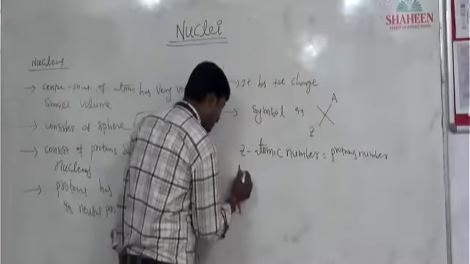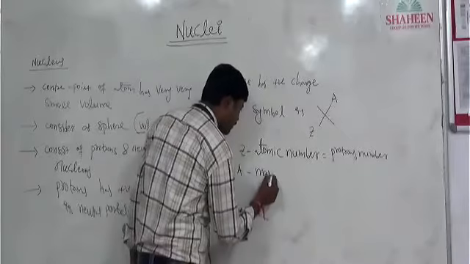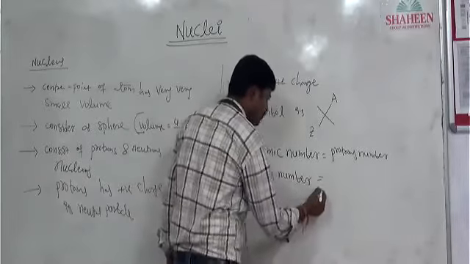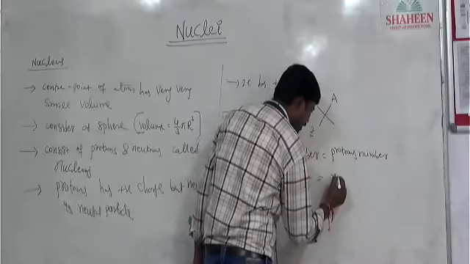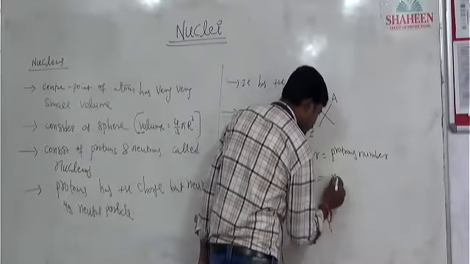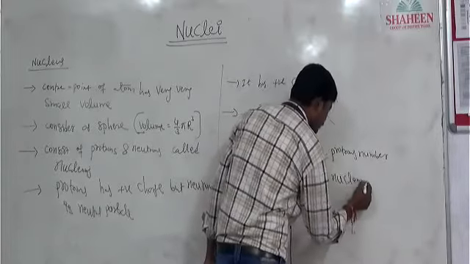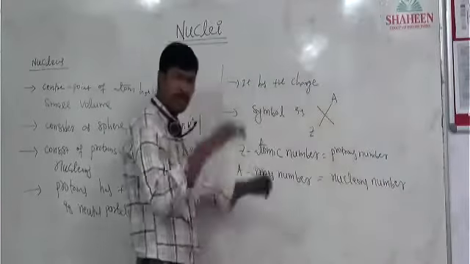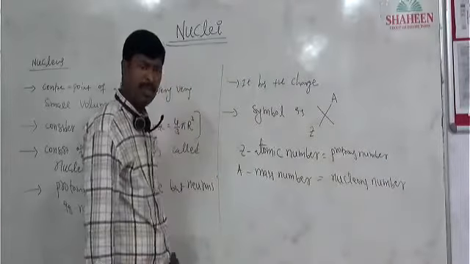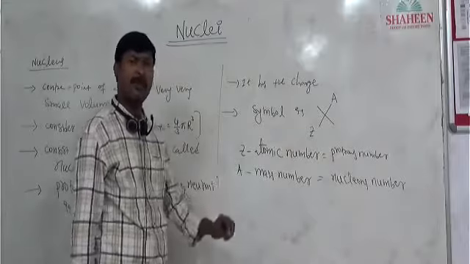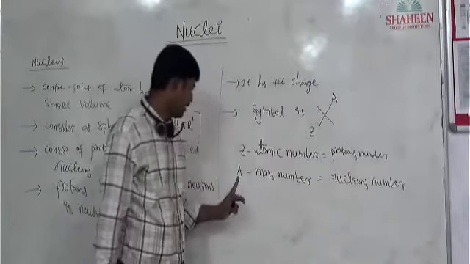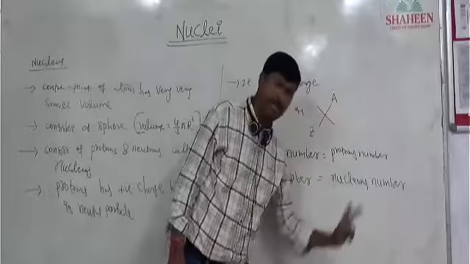Then A is basically the mass number, and that is equal to the nucleon number. The total number of nucleons is the mass number only, that is the sum of protons as well as neutrons. Atomic number is nothing but proton number, and A, the mass number, is nothing but nucleon number.